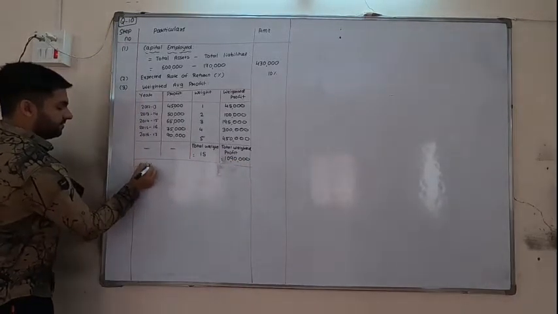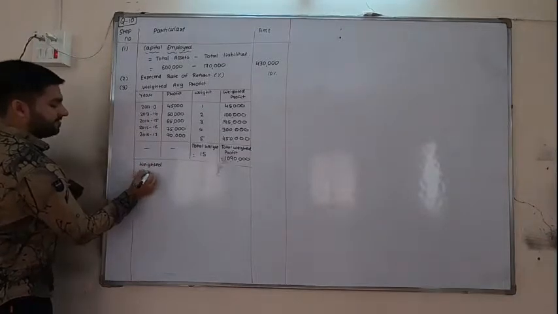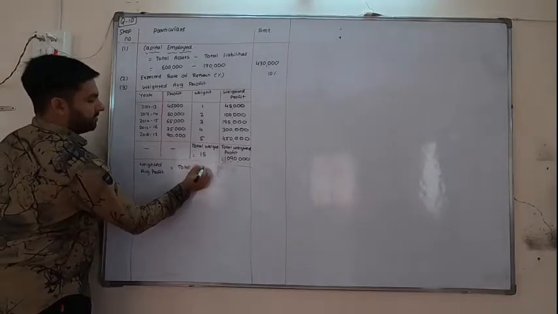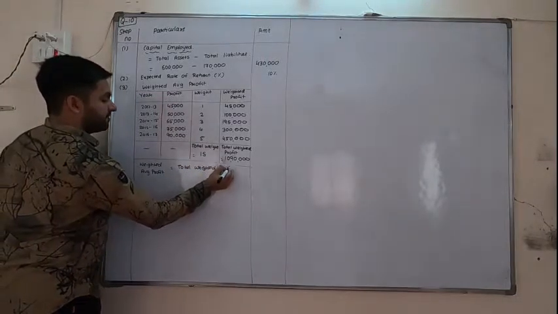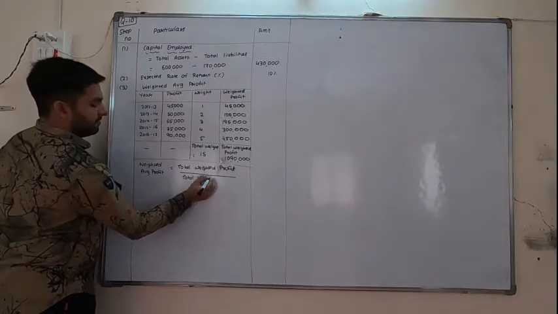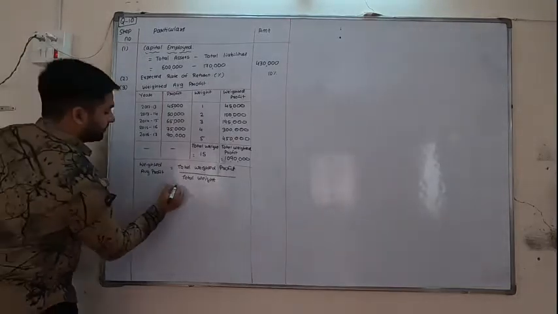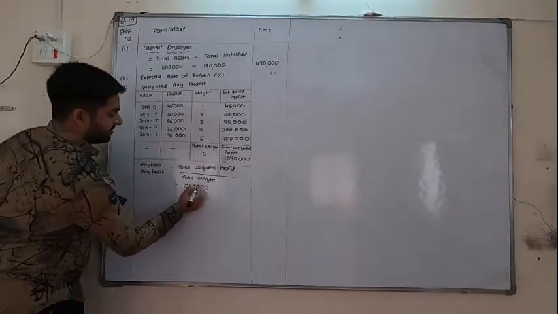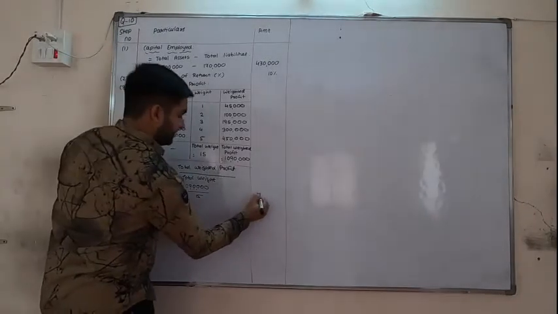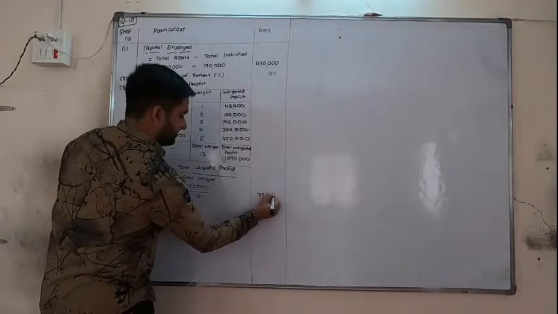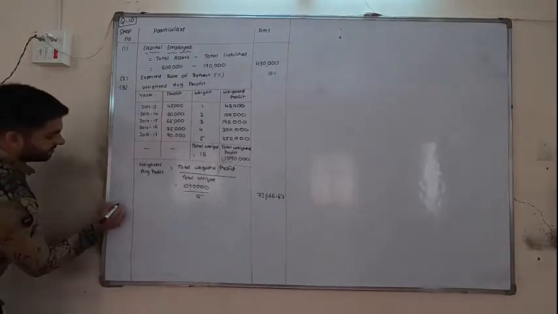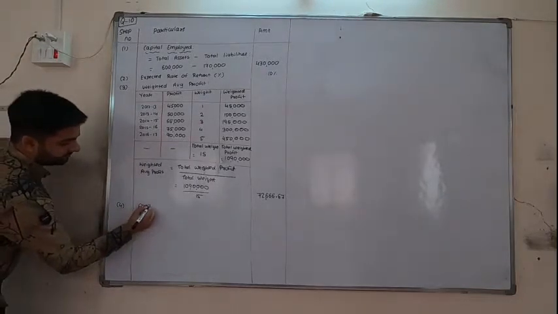So weighted average profit is equal to total weighted profit divided by total weight. 10,90,000 upon 15 is 72,666.67.